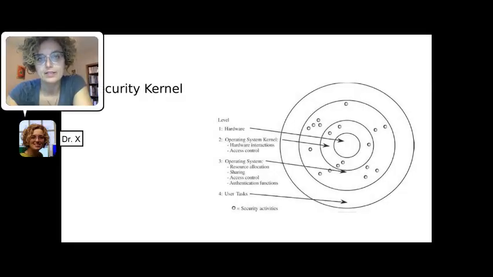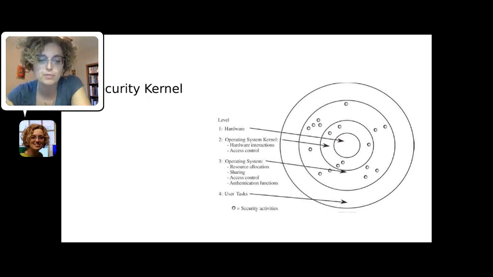So in this slide, the security kernel shows all of these trusted computing base principles in one: hardware, operating system modularization, and things like that. The security kernel is a very important part of an operating system.